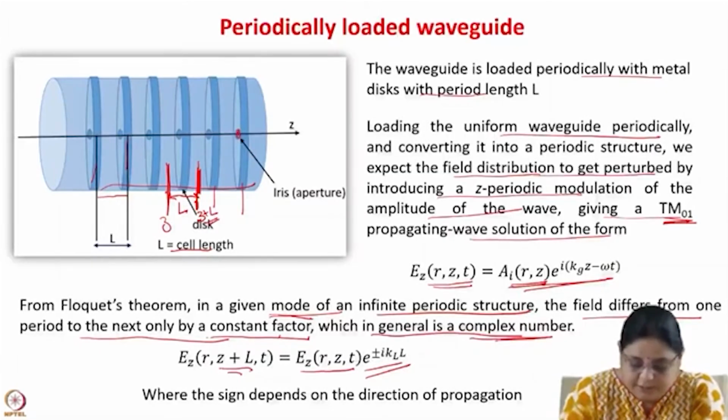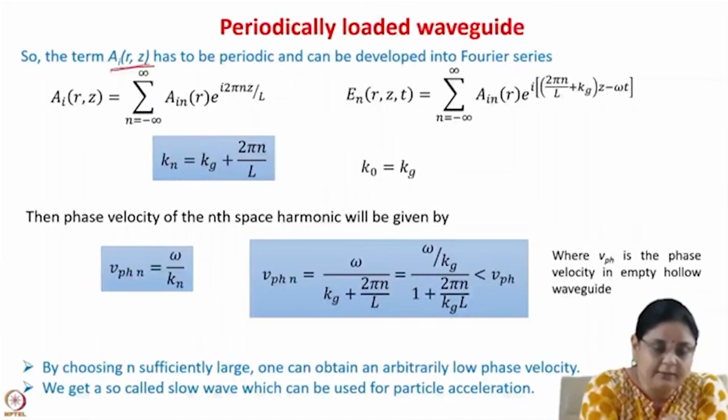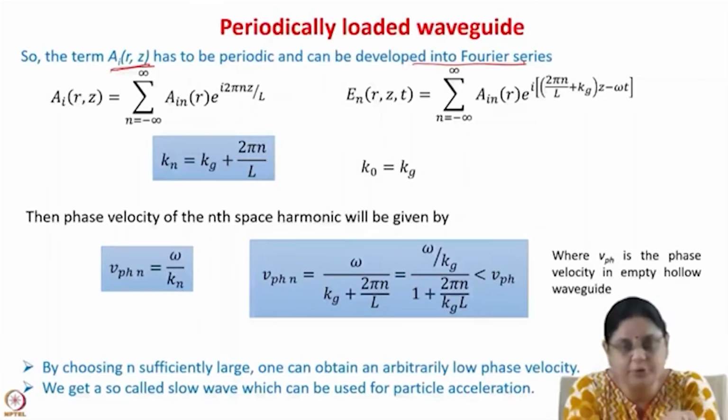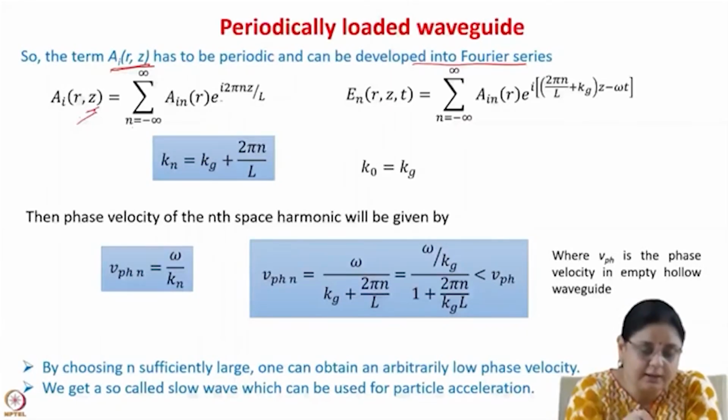Here the sign depends upon the direction of propagation. Now this term A has to be periodic, so it can be developed into a Fourier series. You can write A, which is a function of R and Z, as a summation from n equal to minus infinity to infinity of A_n(R) e to the power of 2 pi n Z by L.